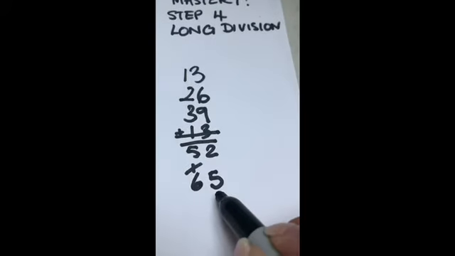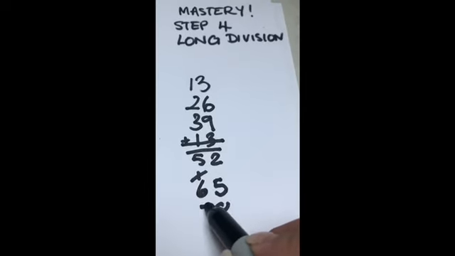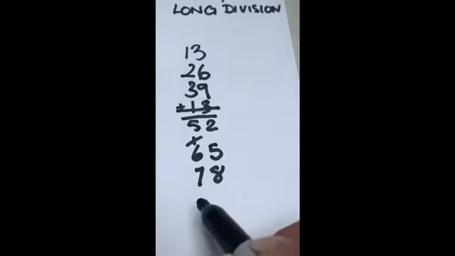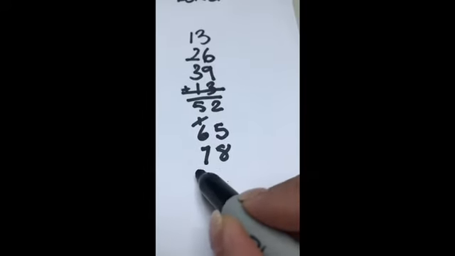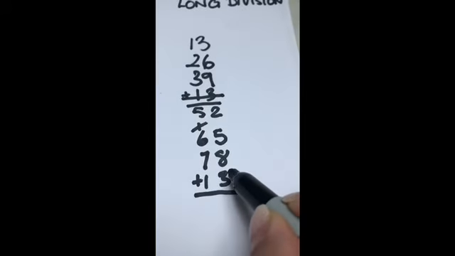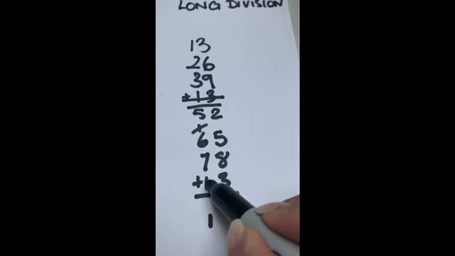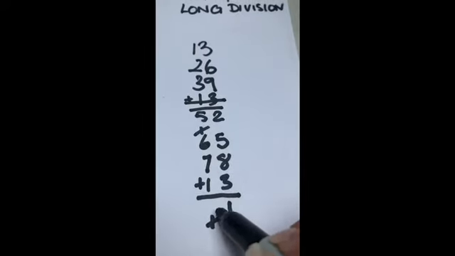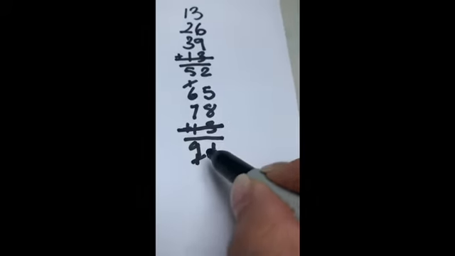I can add 3 to this, which is 8, and 1 digit to this, which is 7. Again, this one takes me over a 10 threshold, so I might write my add 13. So we've got 8, and then 7, 8, 9, and again I cross that off so that I'm ending up with the next step.